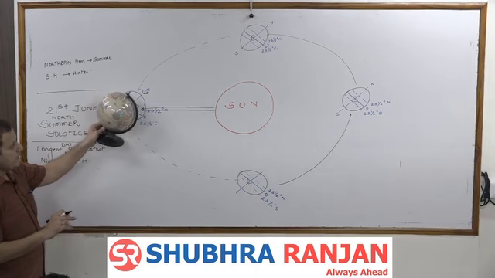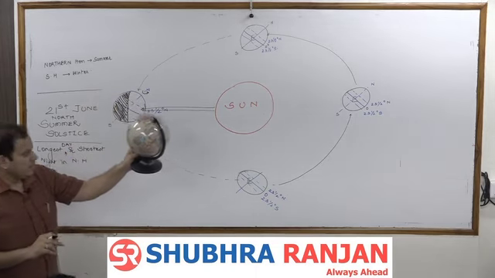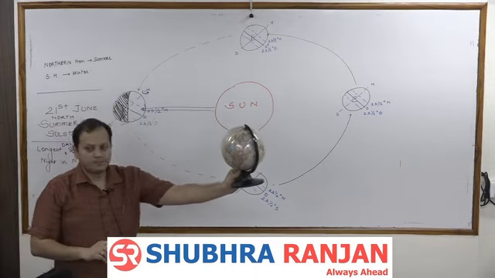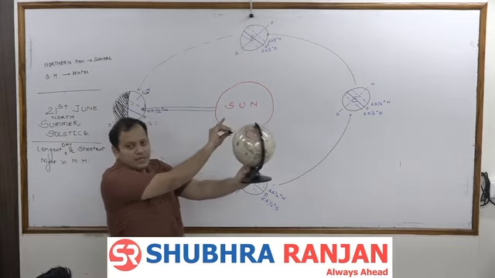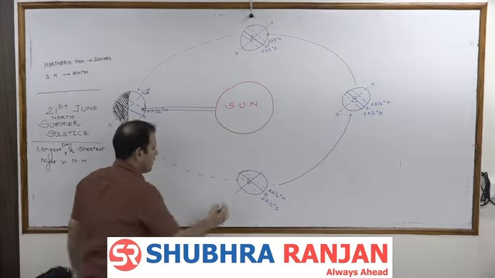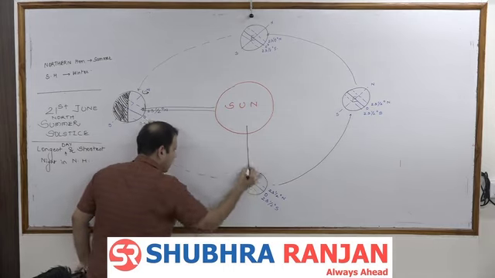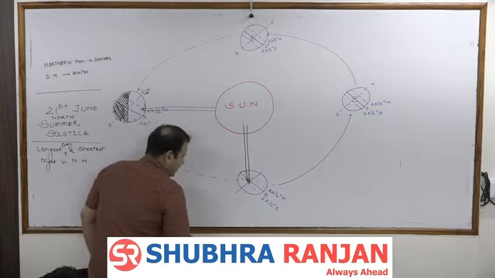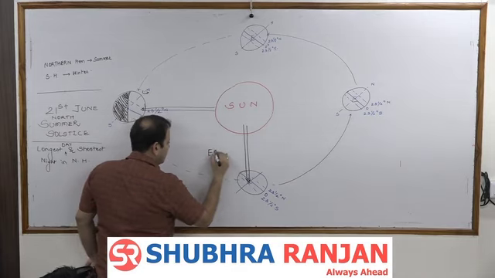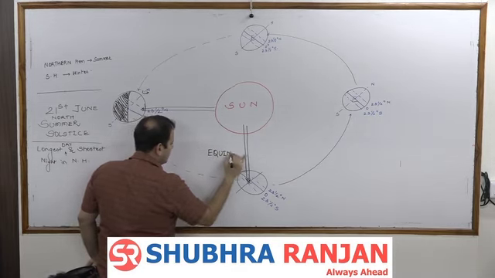After that, Earth will continue its journey and it will come to this position. Now when it is coming to this position, the sun rays are falling directly on the equator. When the sun rays fall directly on the equator, you will call this equinox.